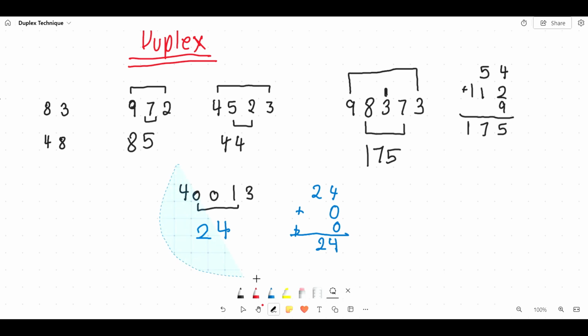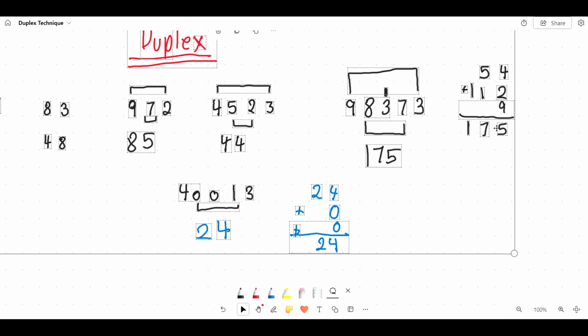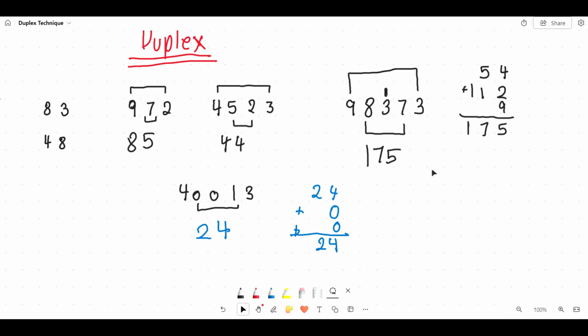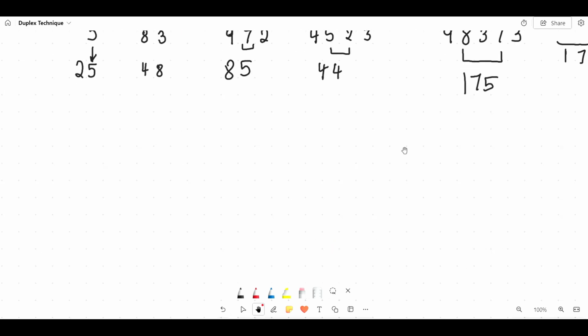Now if you have guessed the pattern, then you would probably know how to do it for a 6-digit number, wouldn't you? Let's see. Okay, I'll do it down here. So 6-digit number, let me just take random digits. But I'm hoping you'll understand how the technique works. So you'll have the outer two digits, the middle two digits, and the inner two digits.